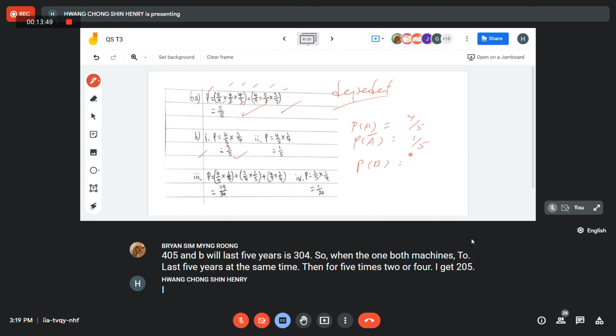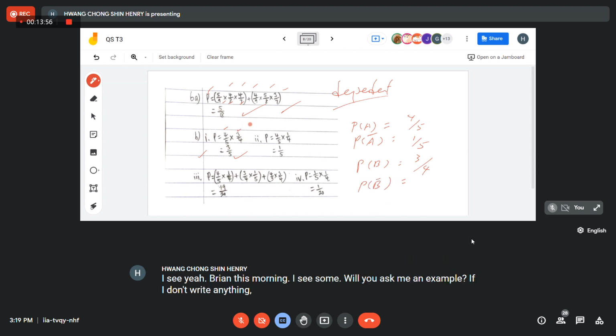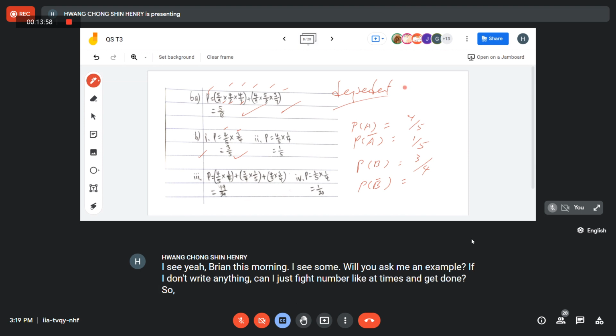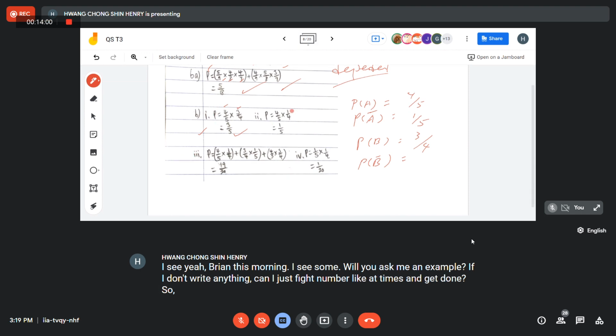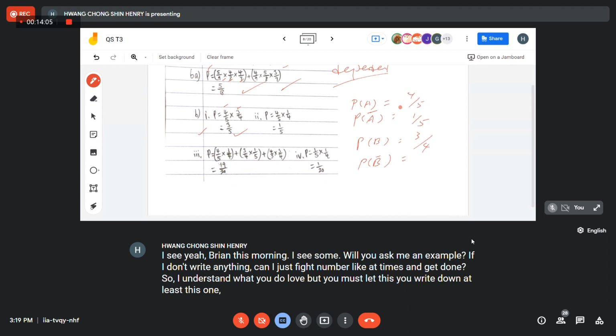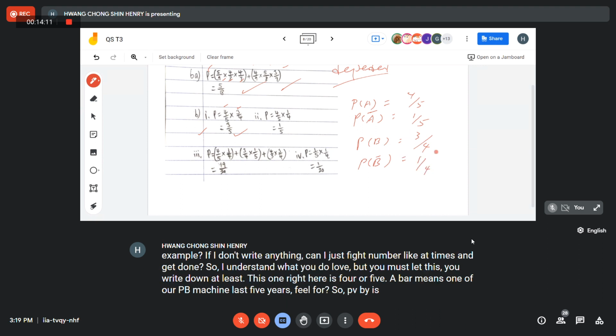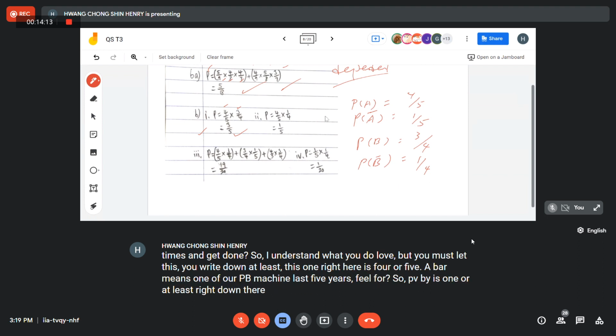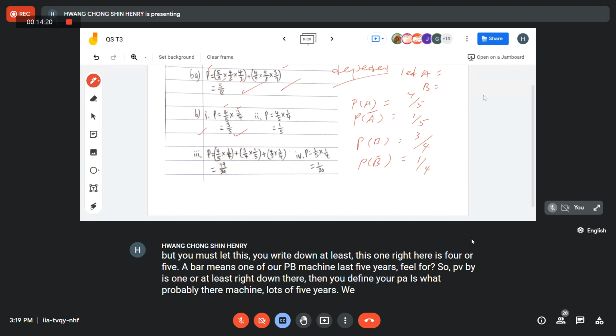This morning some of you asked me, in the exam, if I don't write anything, can I just write numbers like that, multiplied, and get the answer? I understand what you do, but you must at least write down P(A) is 4/5, so A bar is 1/5, P(B), machine lasts 5 years, is 3/4, so B bar is 1/4. Then you define your P(A): A is the probability machine A lasts for 5 years, B is the probability machine B lasts for 5 years.